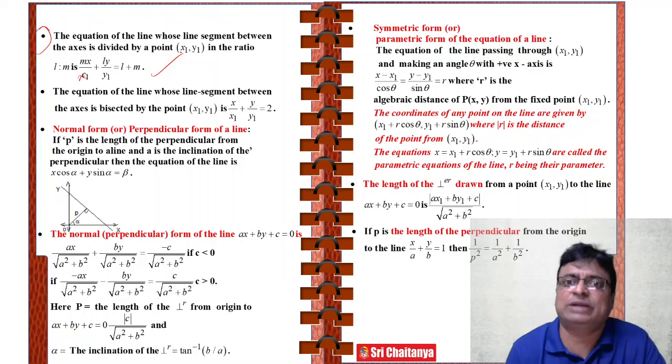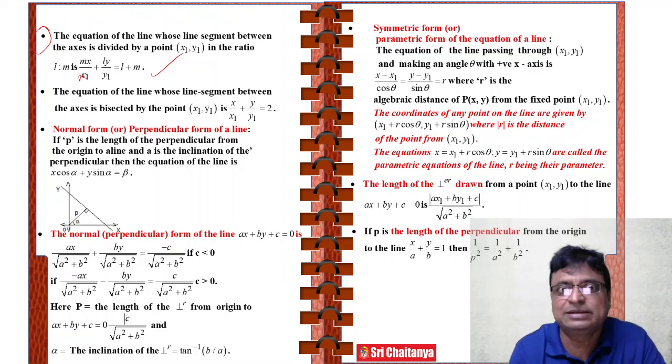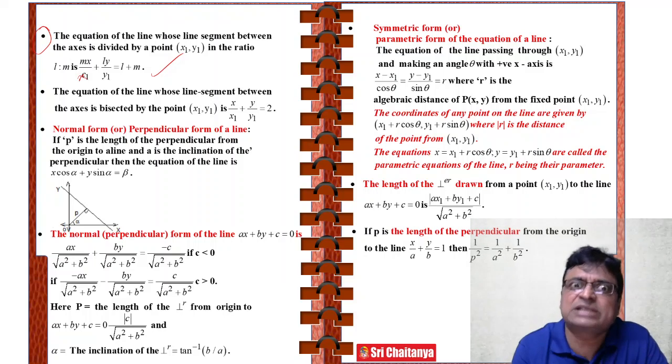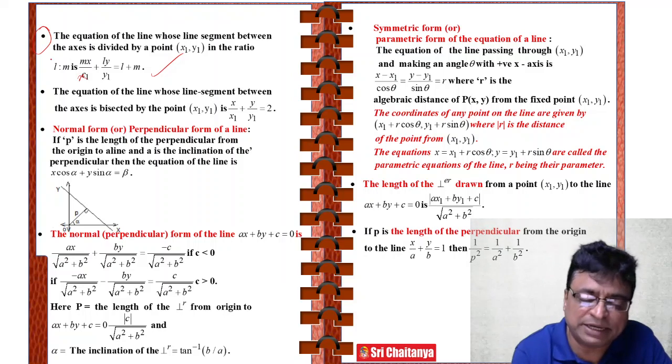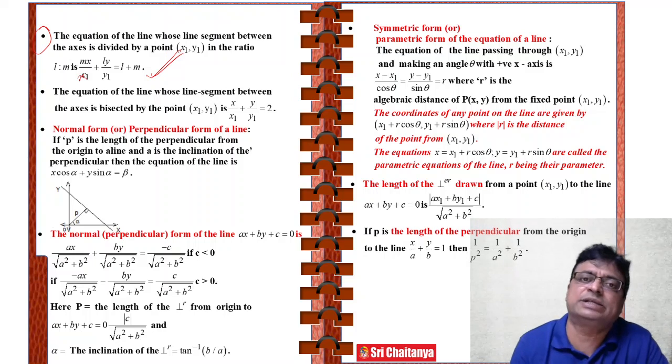What is this? The equation of the line whose line segment between the axes is divided by the point. Better you practice the proof for this one and learn it by heart as a standard result.